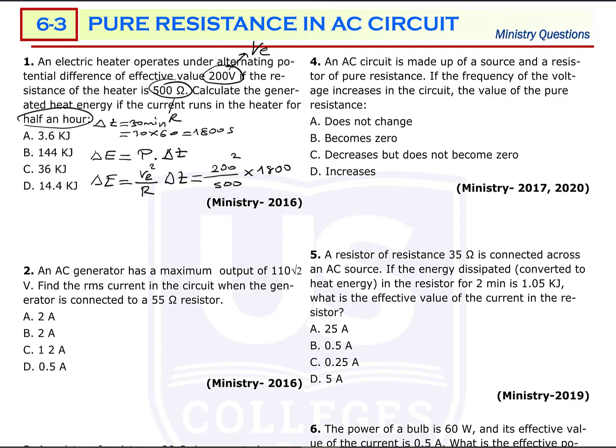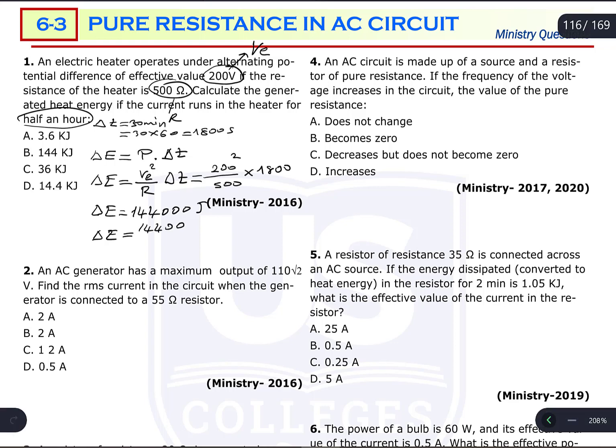The result is delta E is going to be 144,000 joule. But the answer is given in kilojoule. To get it in kilojoule, you have to divide this joule by 1,000. 144,000 divided by 1,000, so it's going to be 144 kilojoule. So choice B is the correct answer.